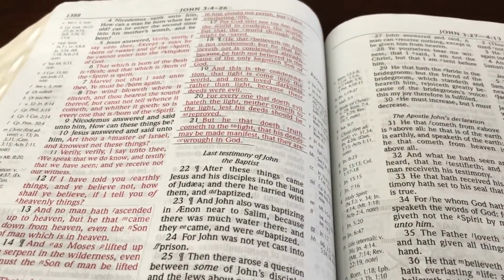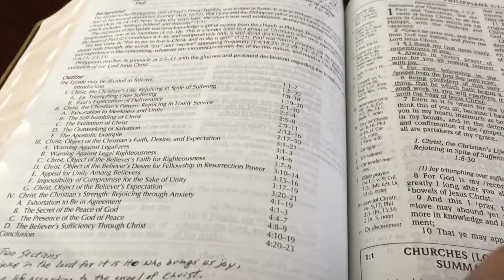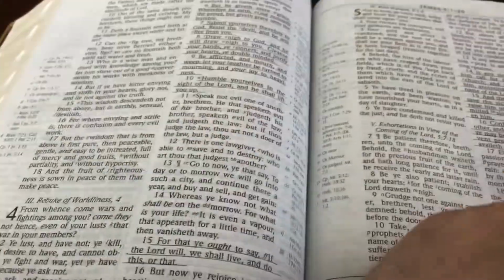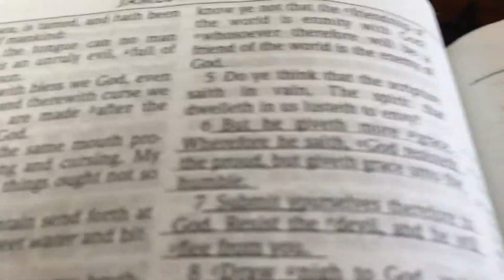Let's look at James chapter 4, verse 6. James 4, 6. This is a really good one because it has some good examples in it. So let me get there. Here we go. James 4, verse 6.